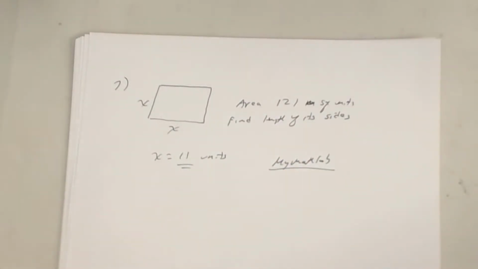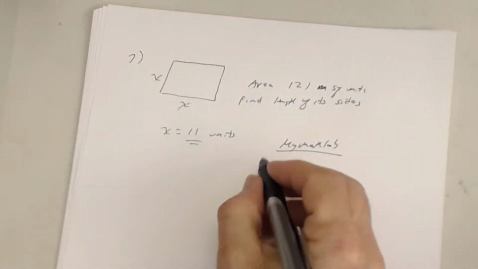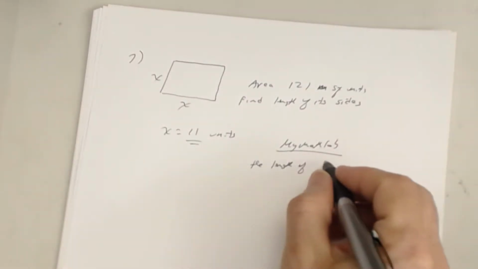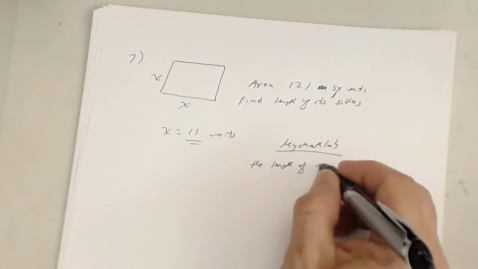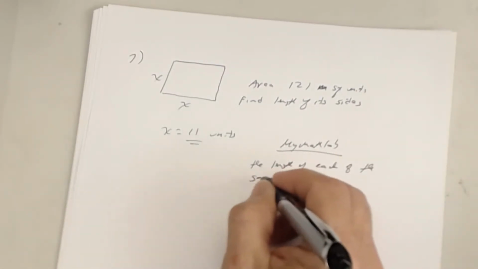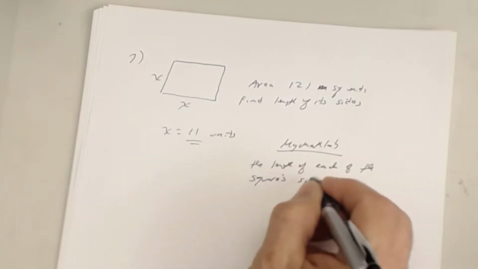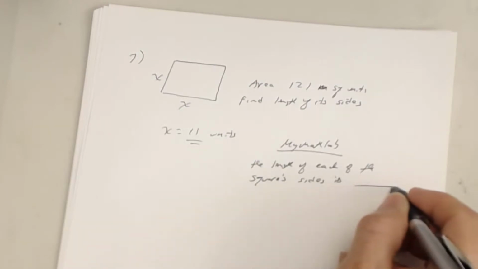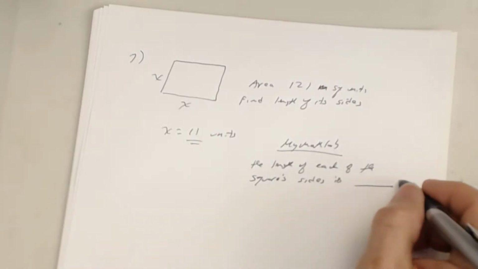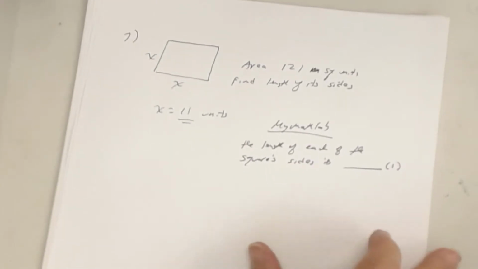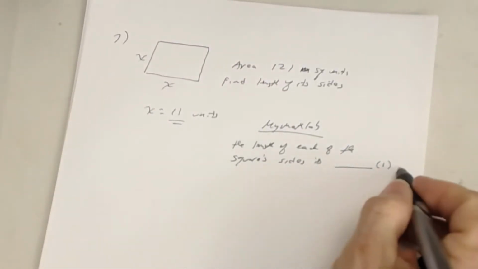Now my math lab, this is what it's going to say. It's going to say the length of each of the square sides is blank, and then it's going to have the number 1 here, and I'll explain what that is, and then another blank.